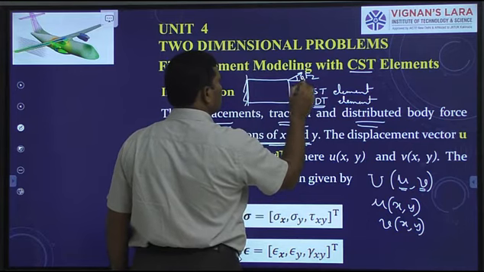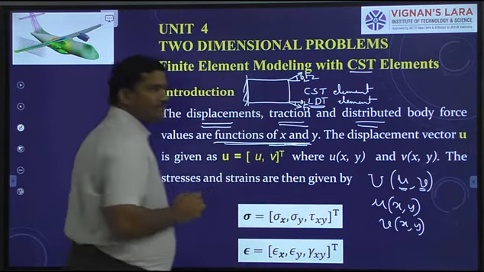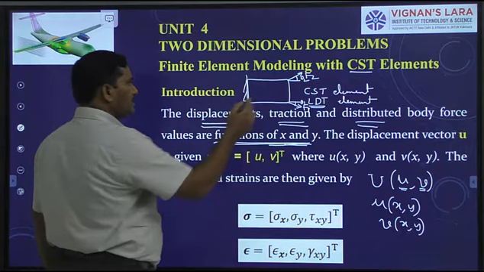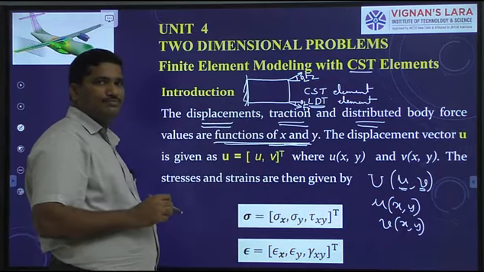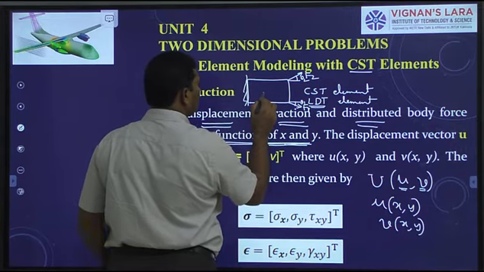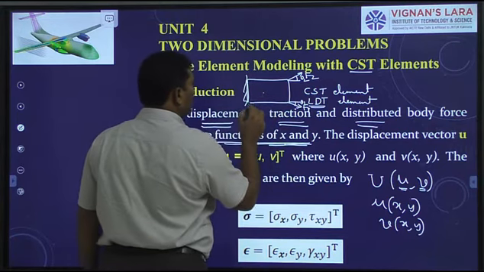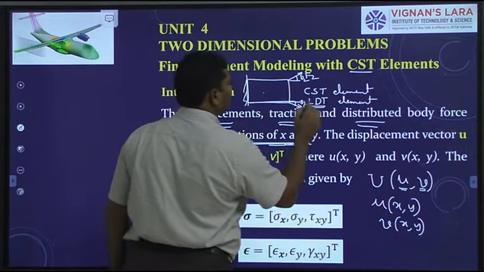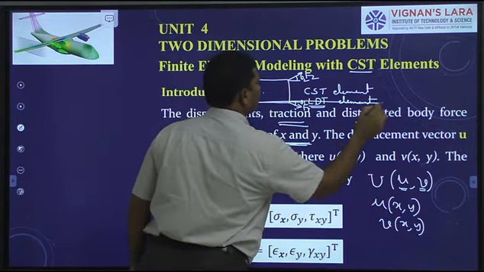This is theta 2 and this is theta 1. Now here this is a two-dimensional problem. In this case, if you consider a point, it displaces in the directions of x and also y.